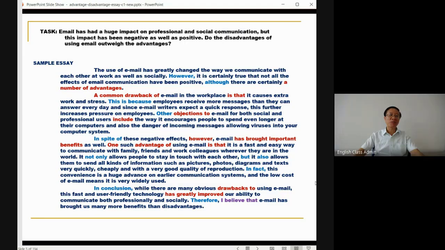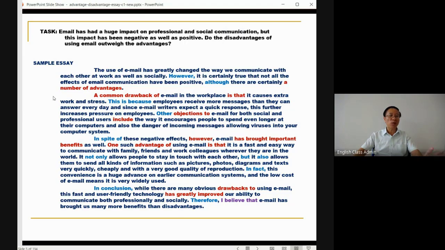But what is special about the body paragraphs? Okay, you can see, yes, we discuss both, but it's important for you to remember to discuss them separately.